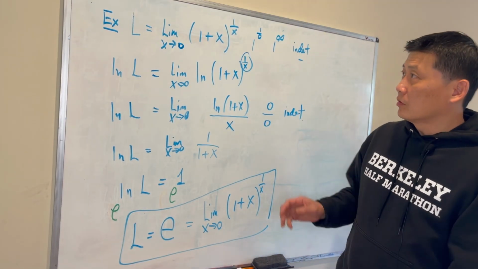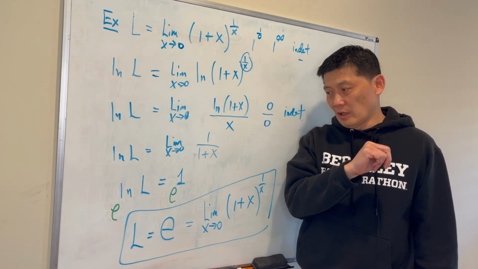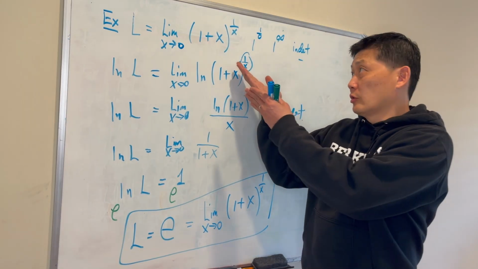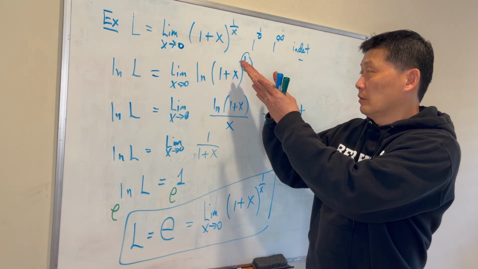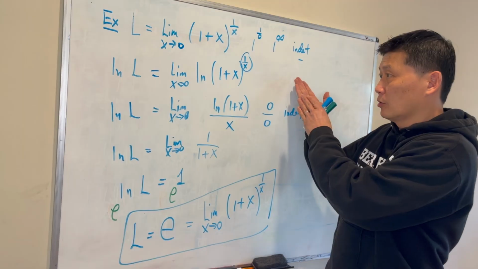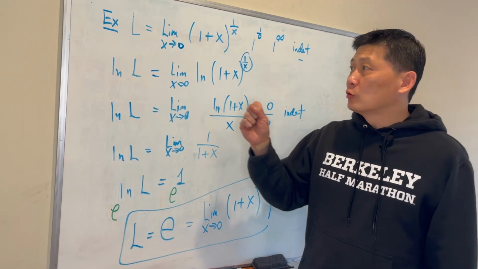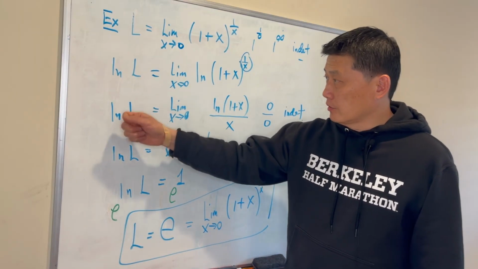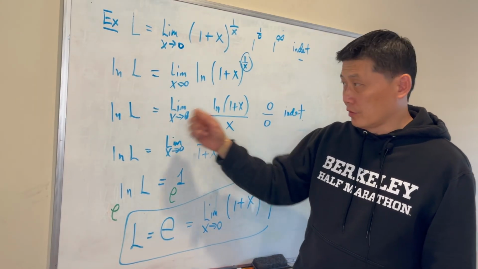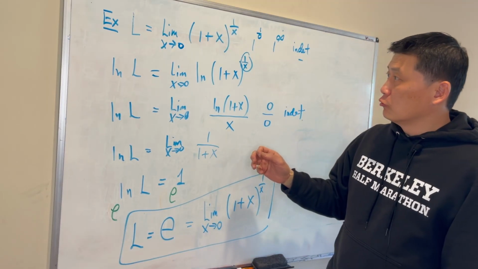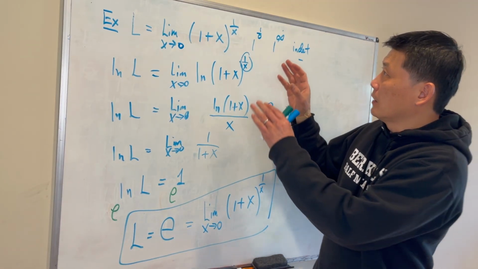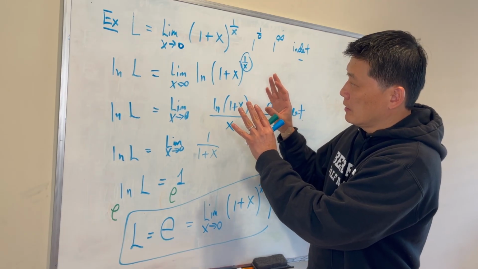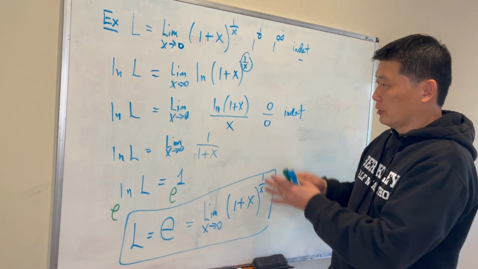So in this case, I give you two things to think about. One is that for a particular limit that gives you an indeterminate form, we use the natural log on both sides as an operation, and this is a technique to get to a form where we can use L'Hopital's rule.